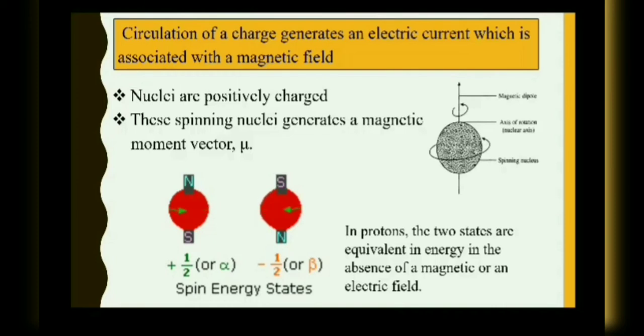They can rotate either clockwise or anti-clockwise, and thus the value designated for these spin energy states is either plus 1/2 for clockwise direction, or alpha, and minus 1/2 for anti-clockwise direction, or beta.